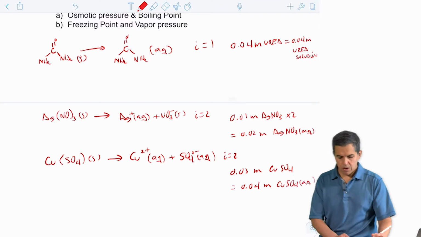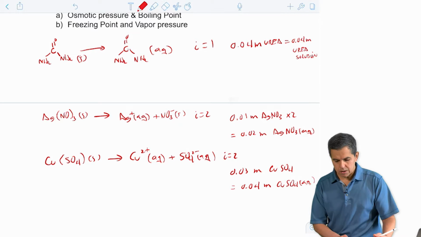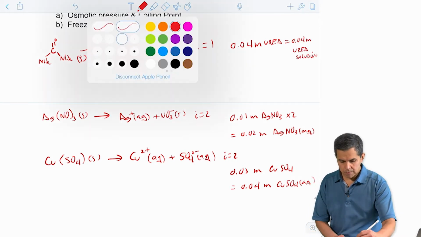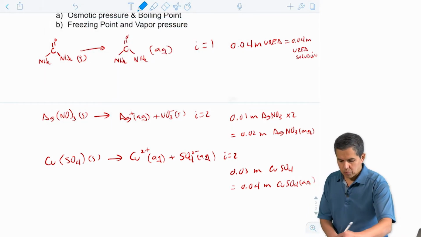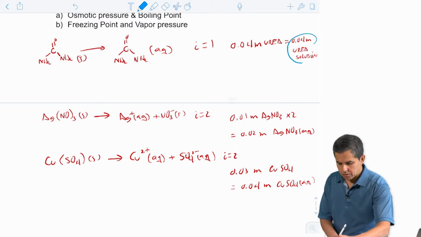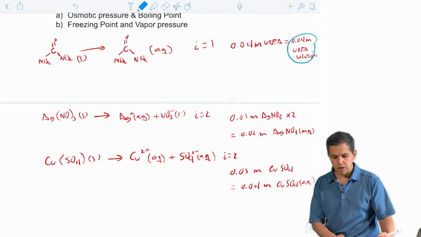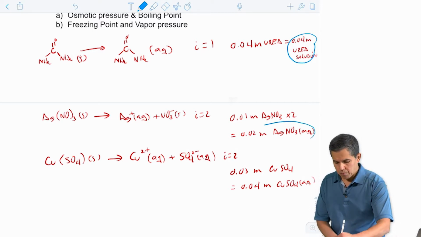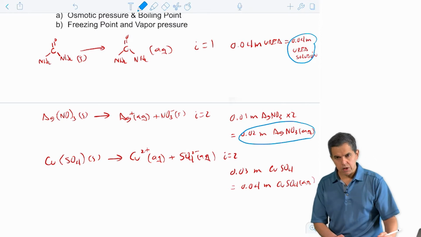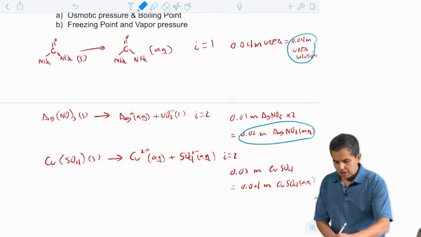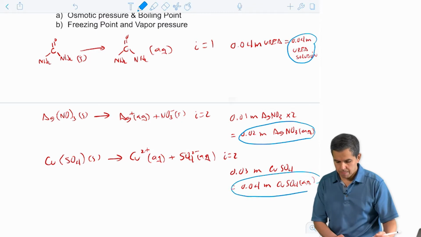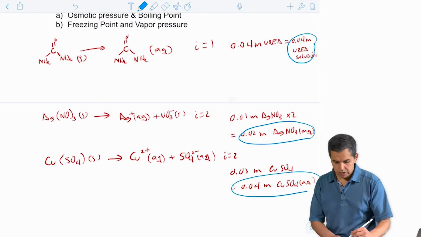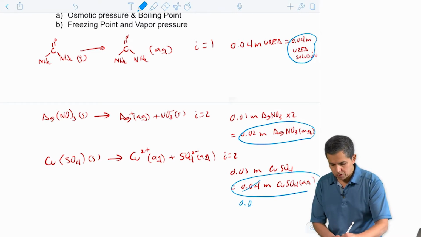So what we need to keep in mind is that this corresponds now to the concentration of particles in solution: 0.04 for urea, 0.02 for silver nitrate, and 0.06 for copper sulfate.